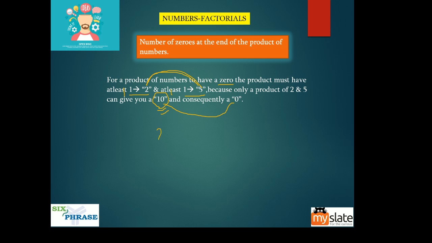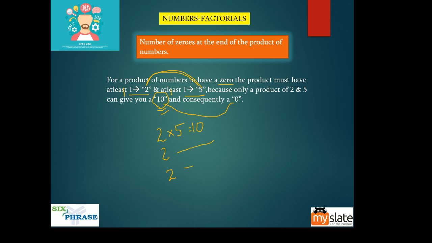Let us suppose there are three 2s in the product and there is only one 5. Now, how many zeros can we expect in this product? Only a 2 and a 5 can form a 10.